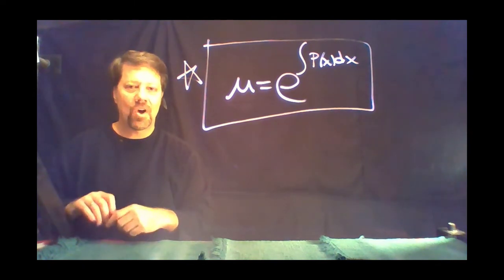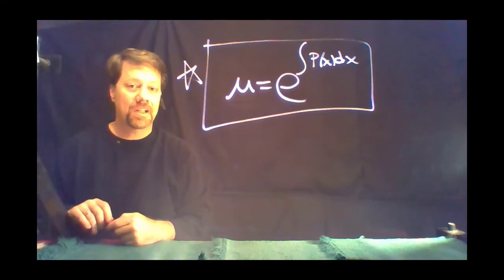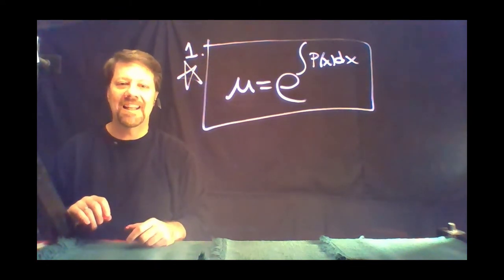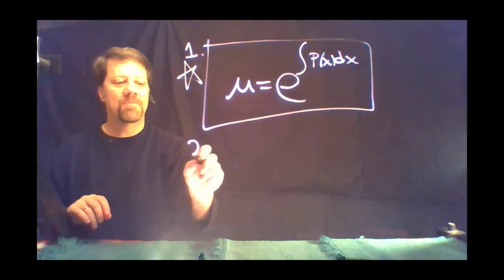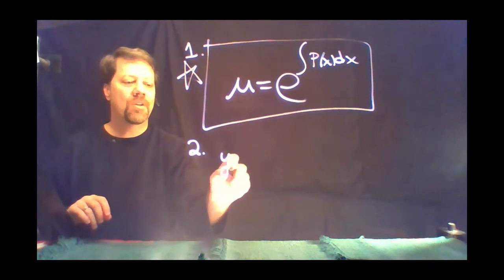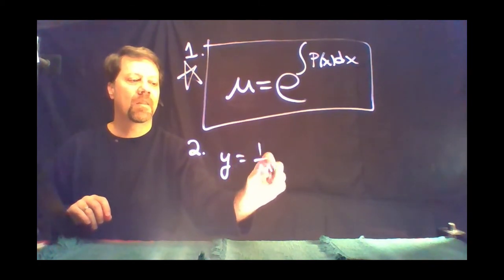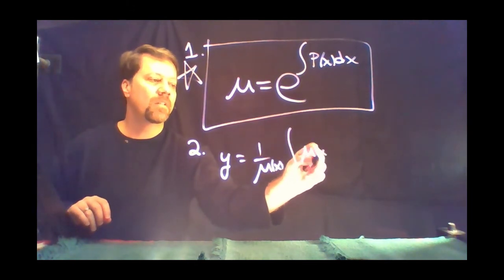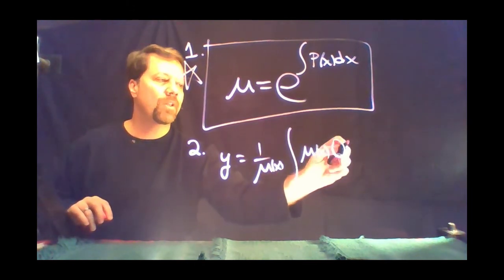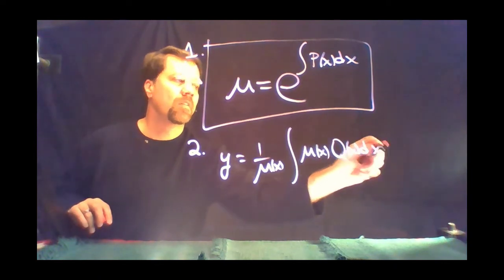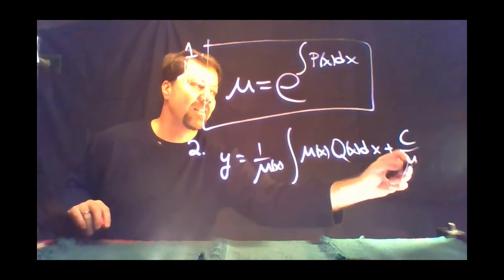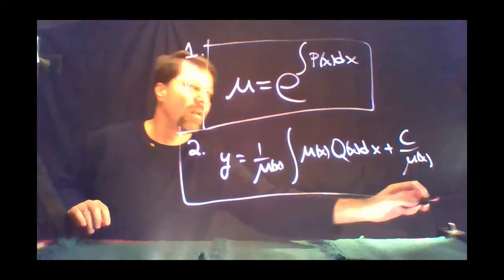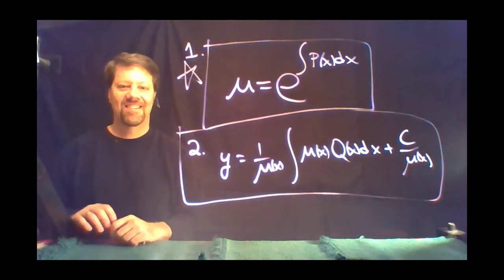To solve a first-order linear differential equation, step number 1, find the integrating factor. Step number 2, once you know the integrating factor, the solution is 1 over mu times the integral of mu q plus a constant, divided by mu. That explains the whole method.